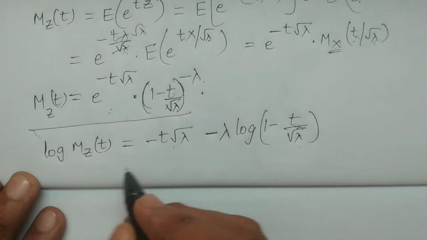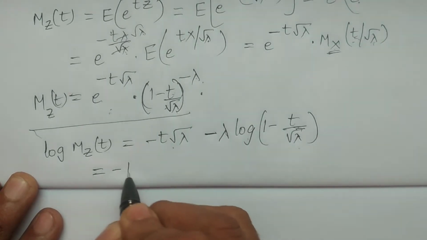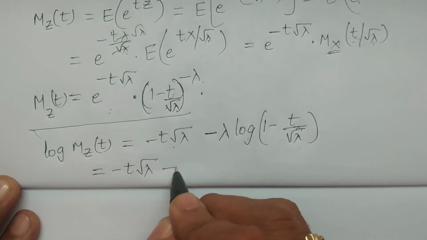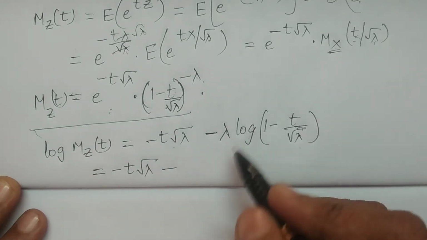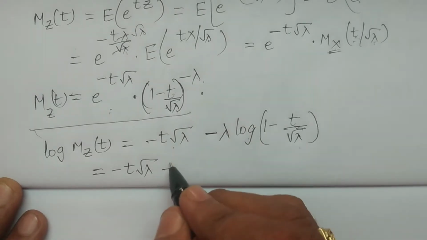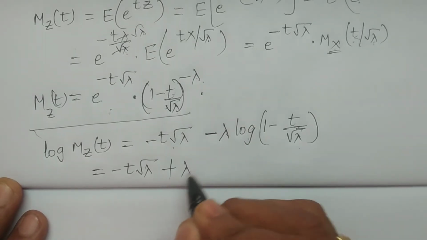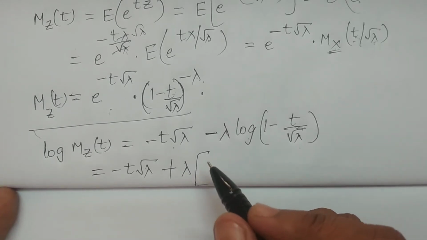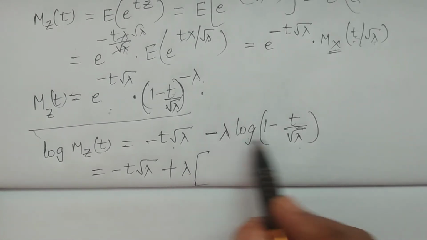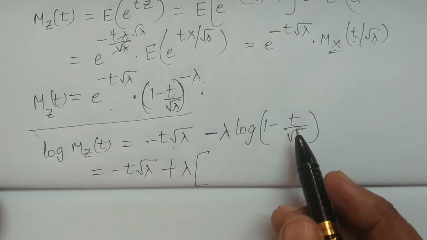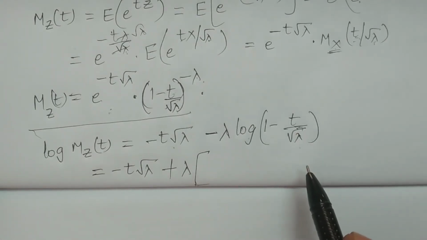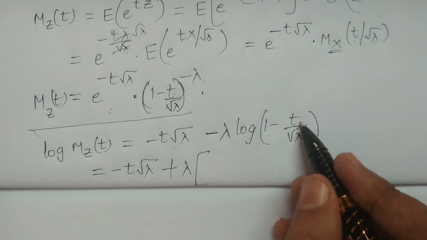So it is equal to minus t root lambda, and applying the formula for minus log(1 - x), we get plus lambda times minus log(1 - x). The formula is x + x^2/2 + x^3/3 and so on. Here x is t by root lambda.